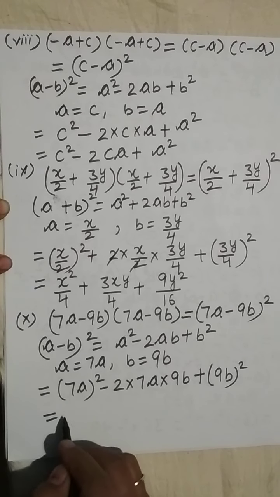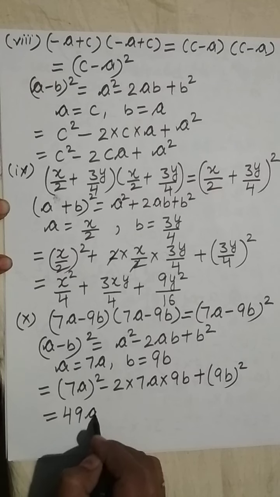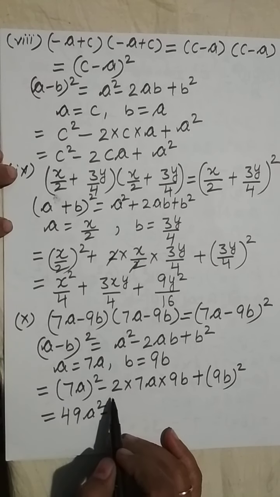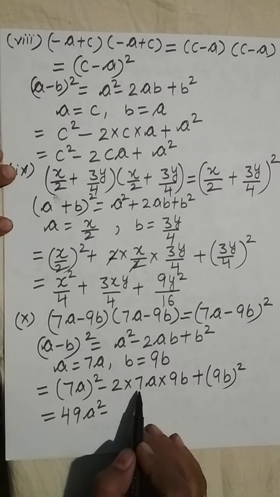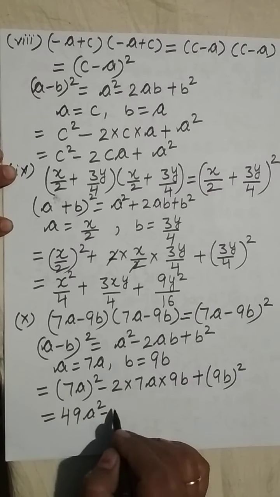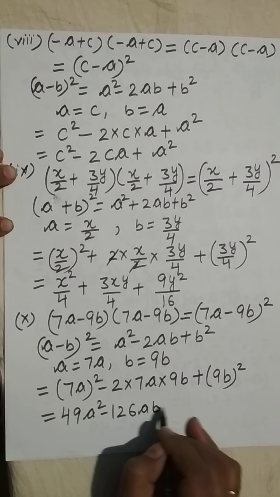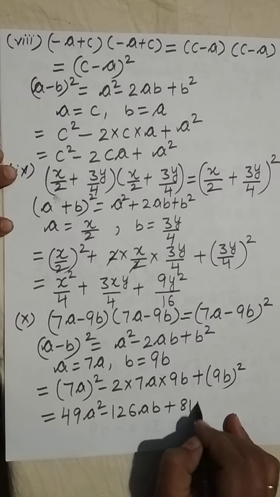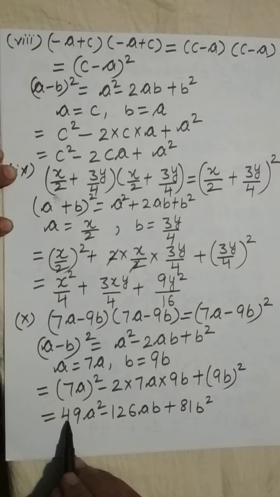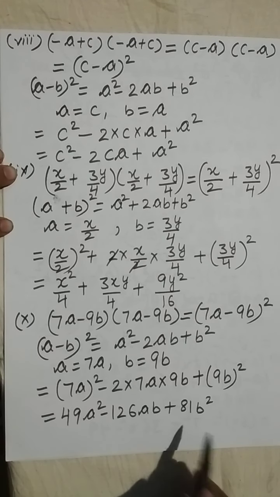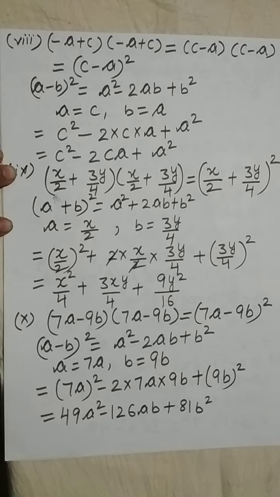This is 7 sevens are 49a square, minus 2 sevens are 14, 14 nines are 126 ab, plus 9 nines are 81 b square. So this is 49a square minus 126ab plus 81b square, the required answer.